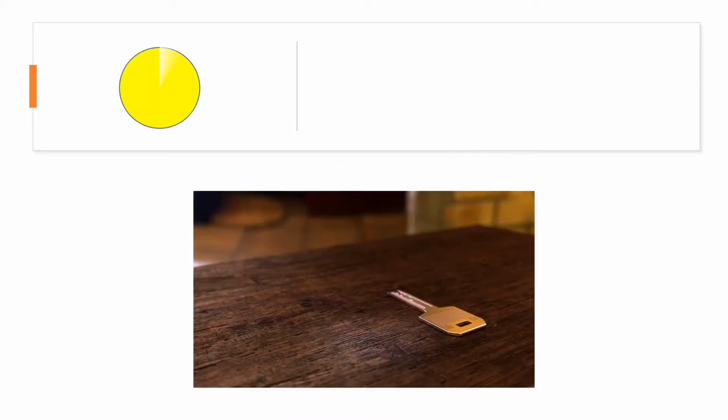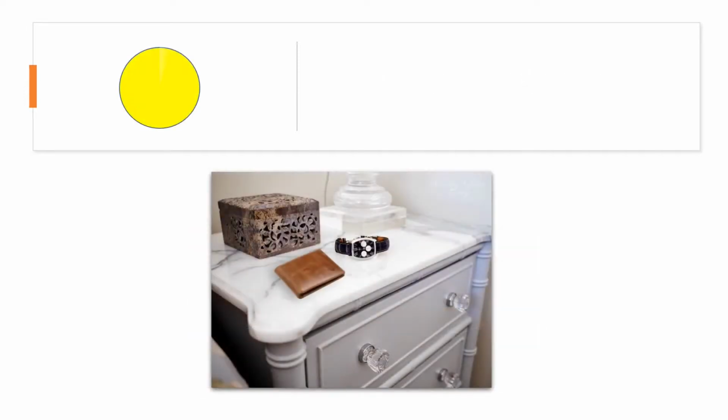Where's my key? Your key is on the table. Where's your wallet?